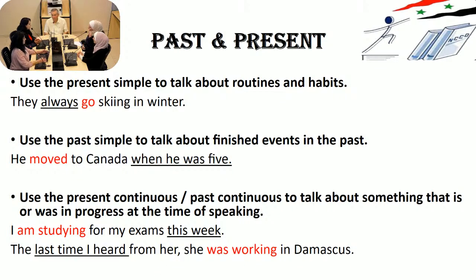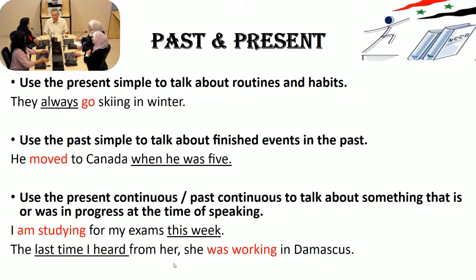With the past continuous, we have something that happened in the past, and most probably in this book, an accident that interrupted something else, an action that interrupted a different action. Like, the last time I heard from her, she was working in Damascus. So working took a long time, so we use the past continuous, and I heard from her is very quick.